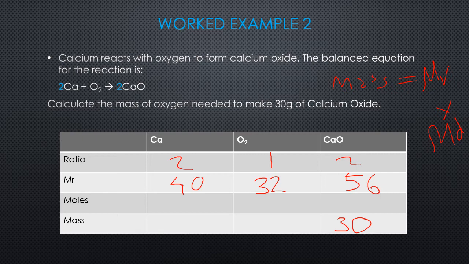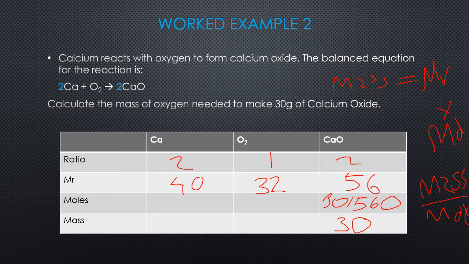So now we can work out the moles. We need to just rearrange the equation. So we need to divide mass by MR. So the moles should be 30 divided by 56, and you should get 0.53.